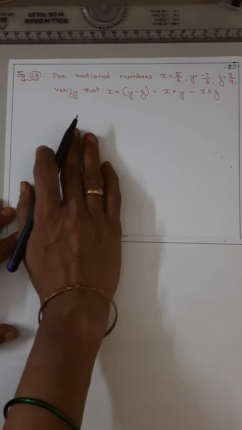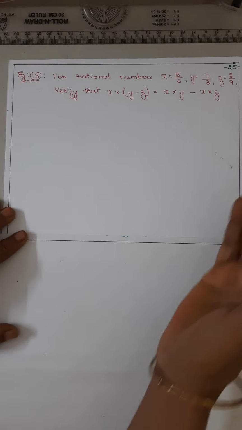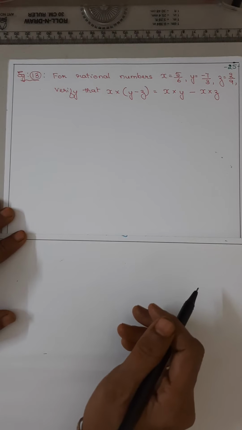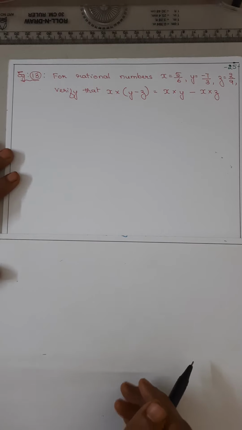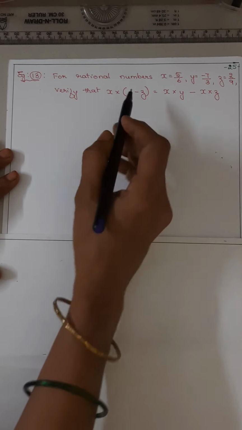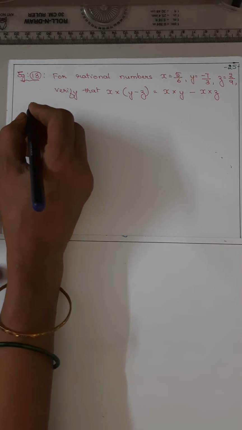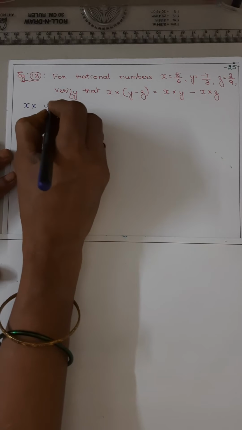Now, example 13. For rational numbers x, y, z values are given, we have to verify this distributive property under subtraction. This is subtraction, isn't it? So we'll write x into y minus z.